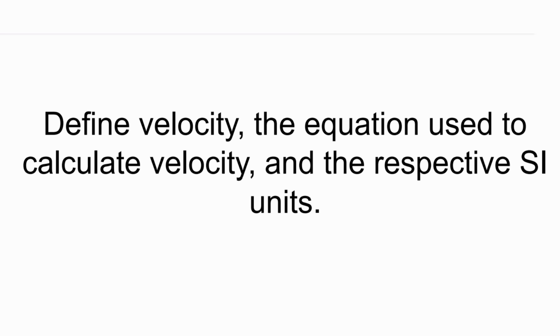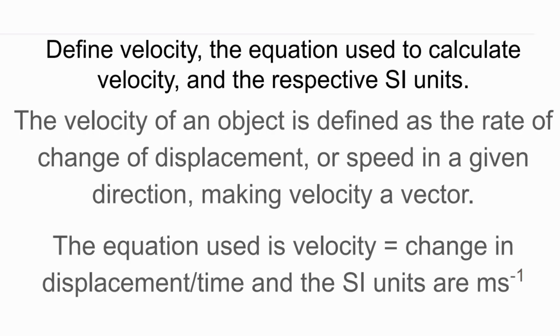Define velocity, the equation used to calculate velocity and the respective SI base units. In your AS level, especially in AS Physics and A2 Physics, you need to know how to convert non-SI base units into SI base units, similarly for velocity. The velocity of an object is defined as the rate of change of displacement or speed in a given direction, making velocity a vector.